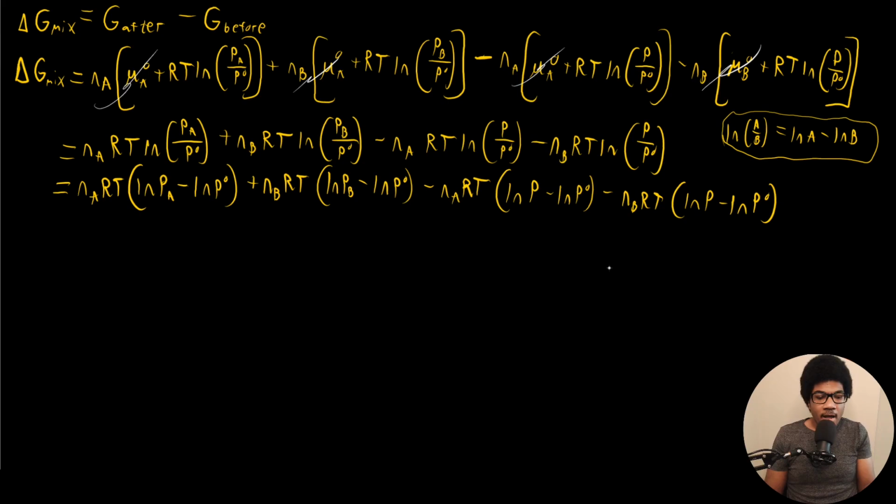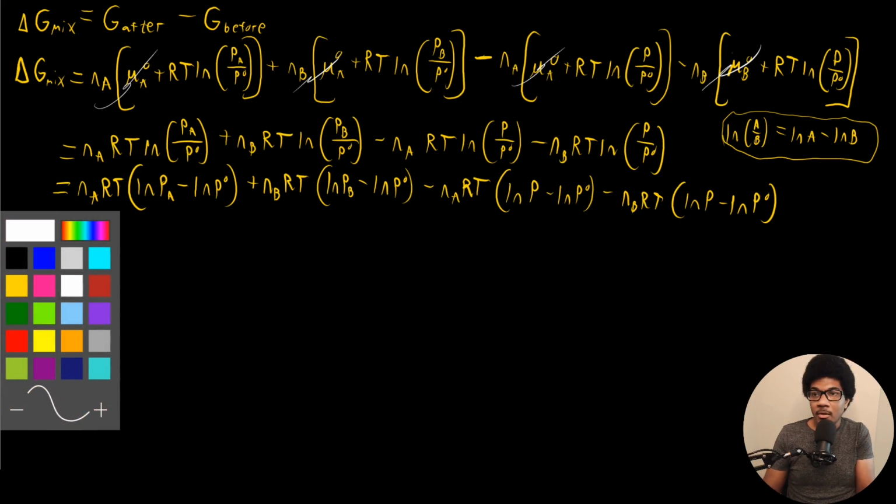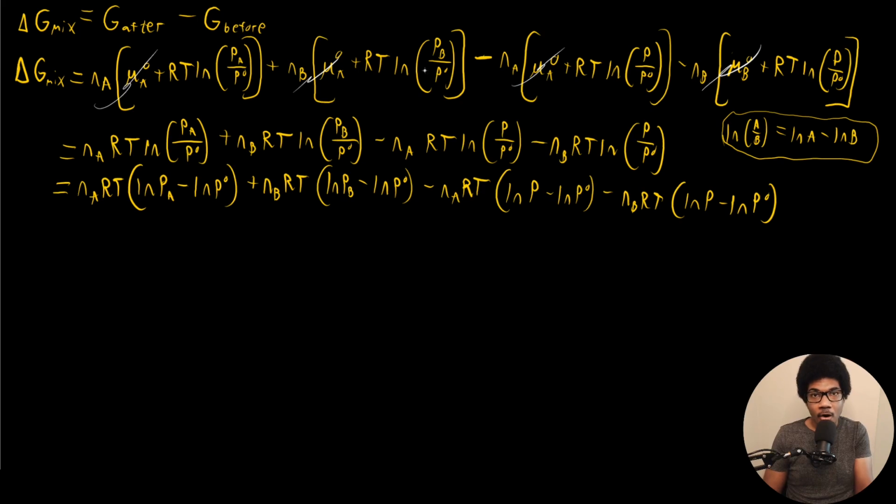Now from this point, just like in the earlier step where all of the terms that depended on the standard chemical potential canceled out, the same thing is happening with these terms that depend on the standard pressure. This one cancels out with this one, because they're both multiplied by NB RT but with opposite sign. And this one cancels out with that one.